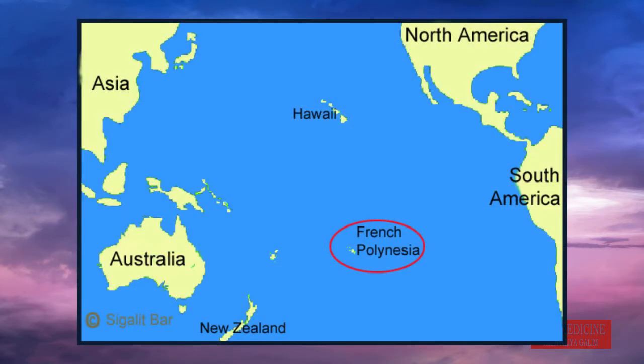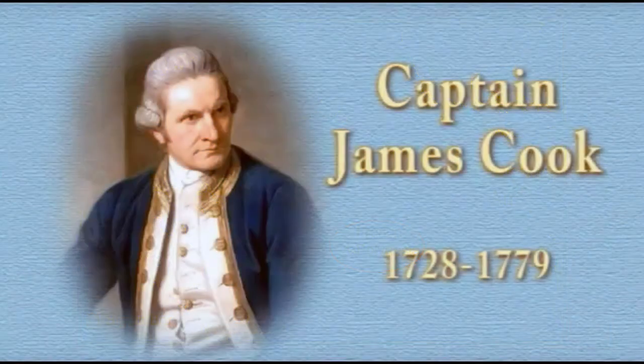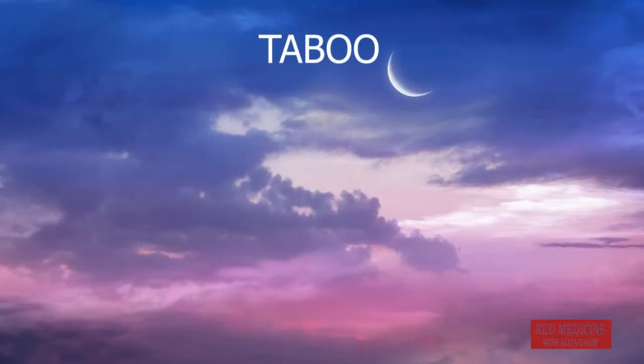Captain James Cook brought the word to Western civilization after visiting Polynesian Tonga in 1771. And taboo in Polynesian is tapwa, which means both sacred and menstruation. So the tapwa inherited by James Cook became a taboo.